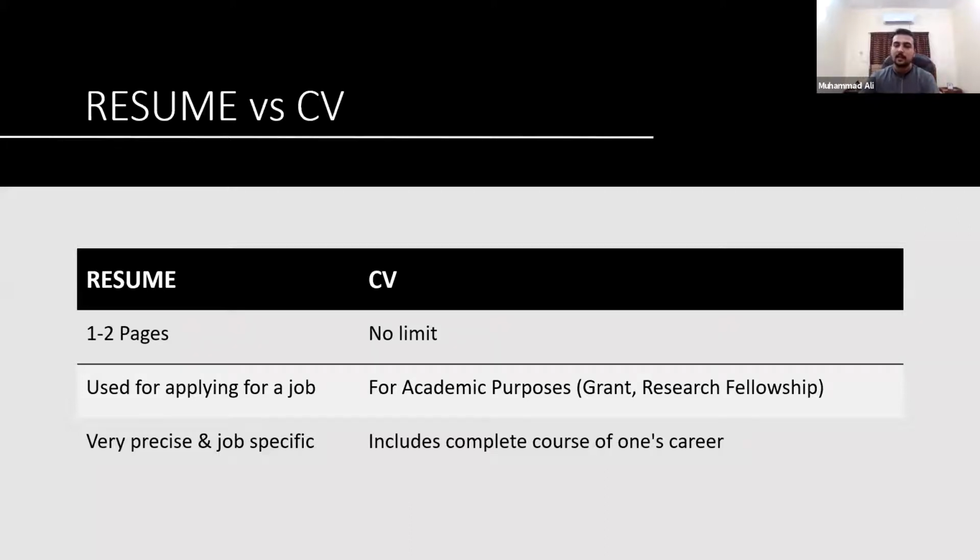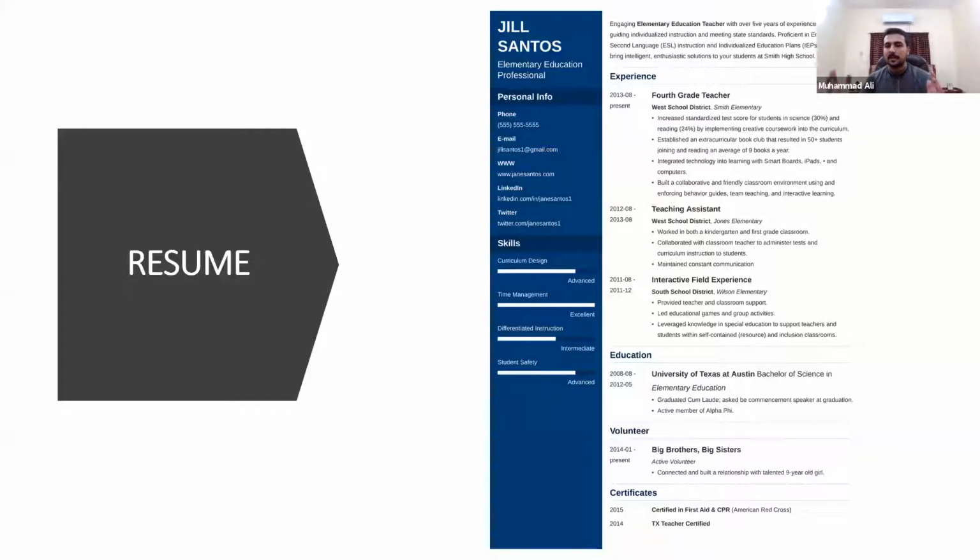Today, we'll be discussing a CV, which is more relevant for academic purposes. For example, once we are writing a grant or for a research fellowship, etc. So this is how a resume looks like. A very brief 1-pager document, maximum 2 pages. They have tried to fit in everything on this 1 page, so the recruiter knows whatever information you want them to know right away.